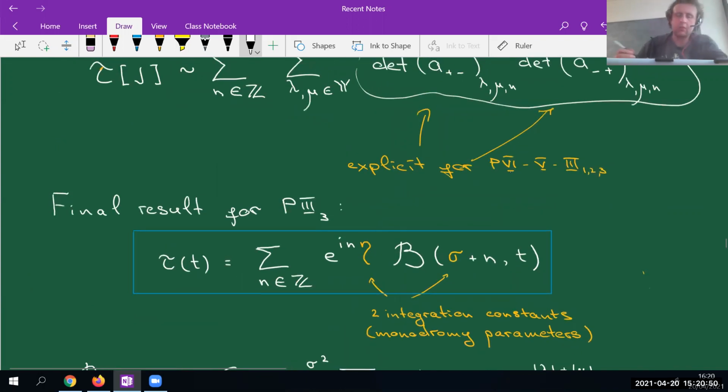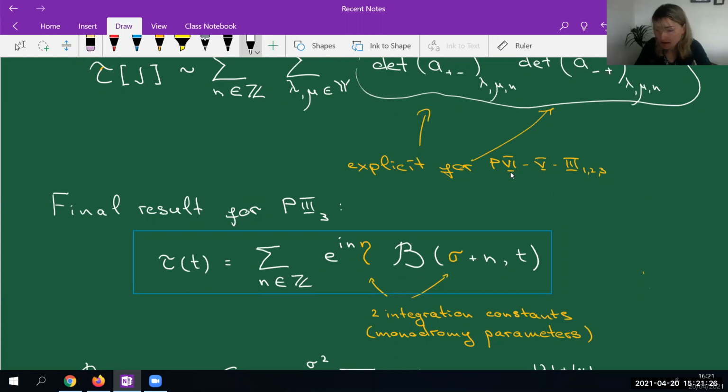Right. And so now let me just show you, or rather rewrite for you once more, the expansion of the tau function of Painlevé 3. So I take Painlevé 3, the most degenerate version of it, just to minimize the number of parameters. You mean D8, yeah?